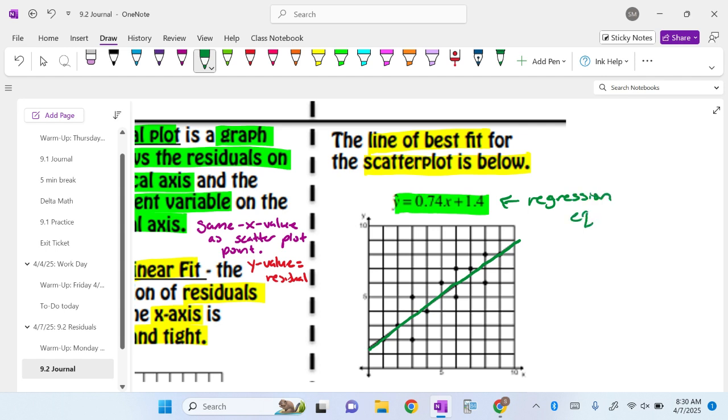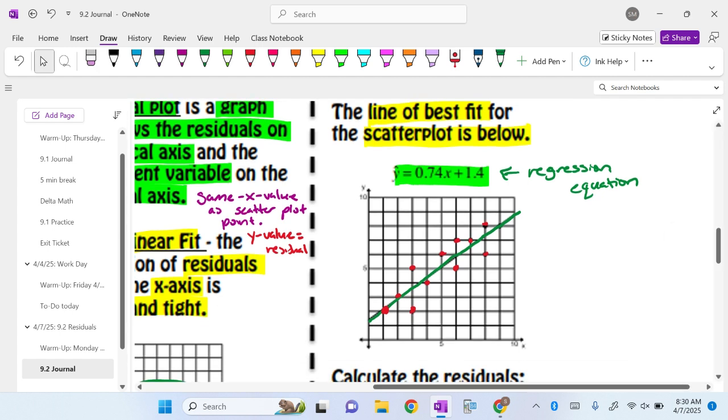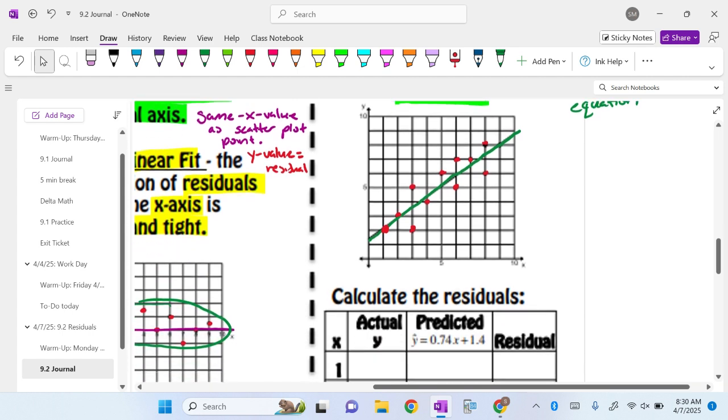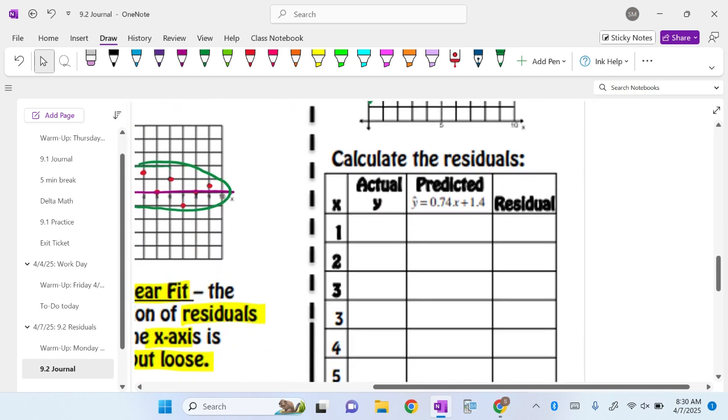They put the scatter points in their calculator and found the regression. That's the equation they got. And here are all the original points. Because these residuals are not obvious, our goal is to calculate all of the residuals by hand.